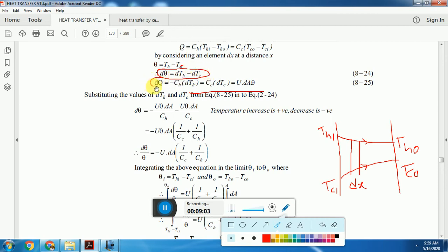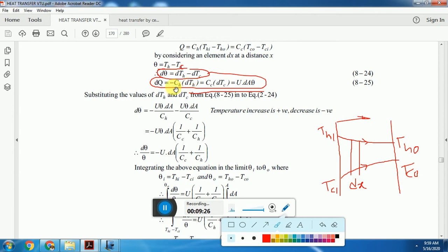Heat transfer is nothing but m Cp into delta T, that is mCp is nothing but Ch or Cc. For the hot fluid it is negative because we are moving in this direction. For hot fluid dq is equal to Ch into dTh.